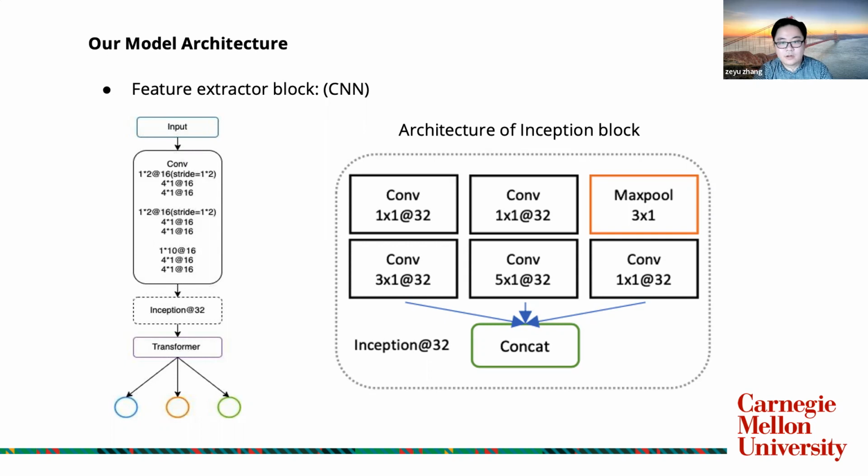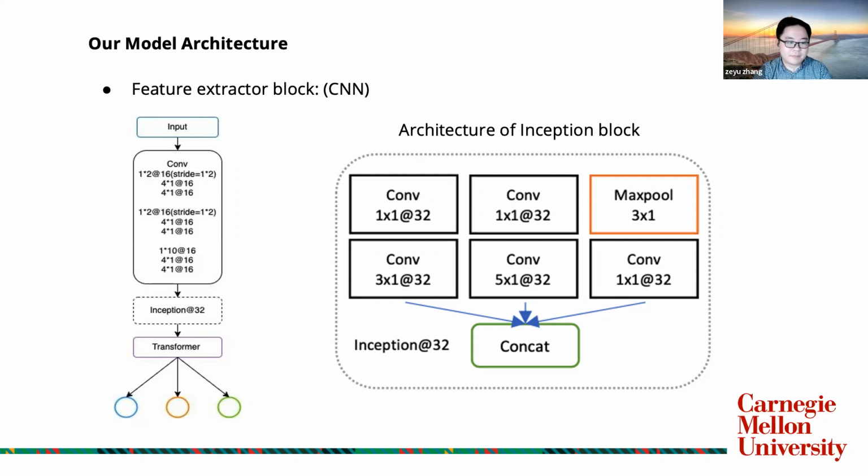In the inception block we use 2 different kernel sizes, 3x1 and 5x1, which allows us to capture both short horizon and long horizon signals. In addition, we also use max pooling, which is able to capture the nonlinear structure of the data.